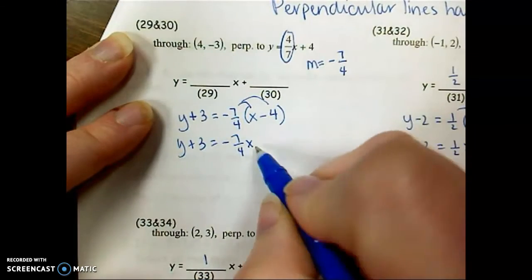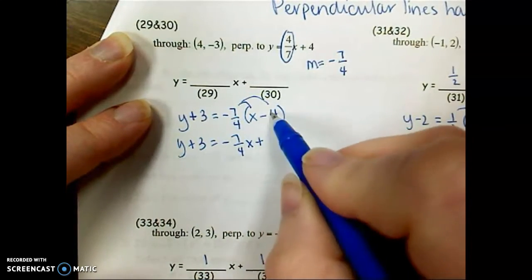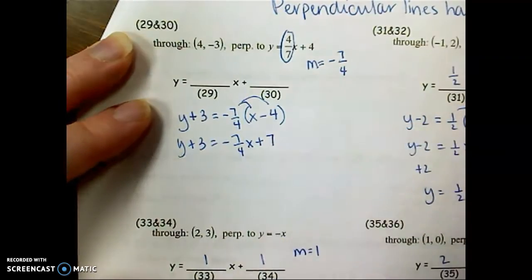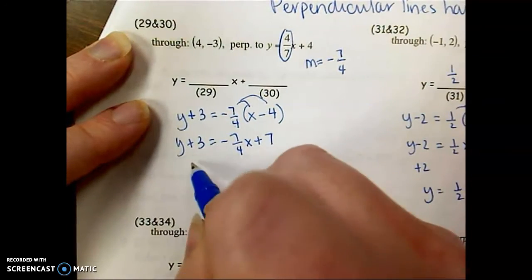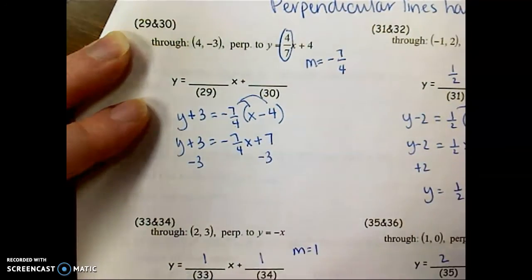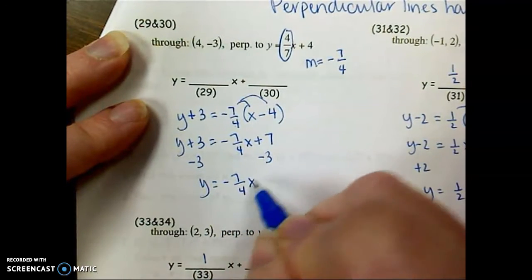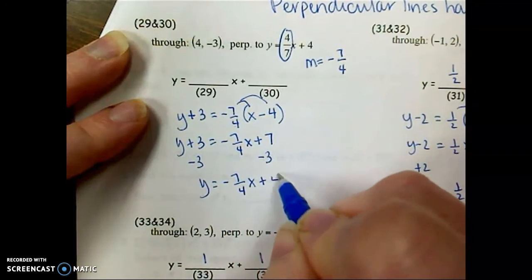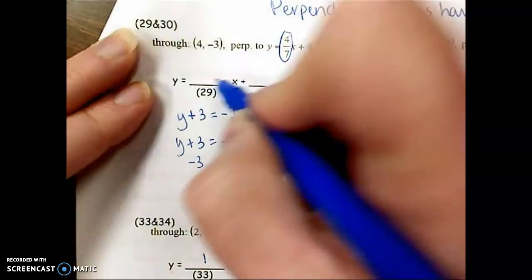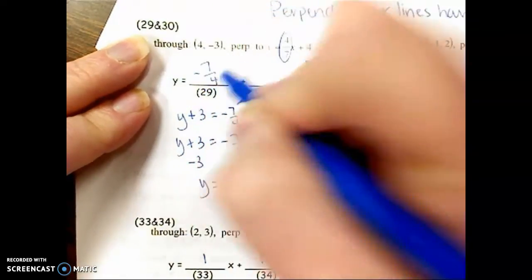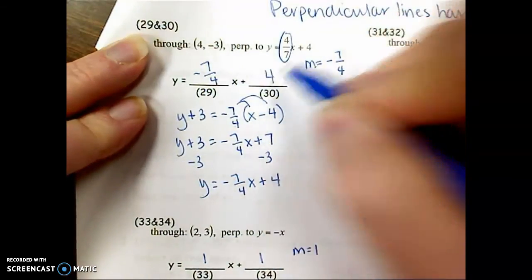Negative times negative becomes positive. Those 4's cancel, leaving me with +7. Then I can undo the addition of 3 by subtracting 3. So we get y equals -7/4 x. 7 minus 3 is +4. So my slope is -7/4. My y-intercept is 4.